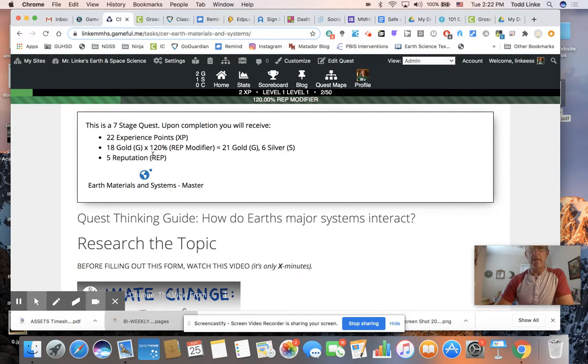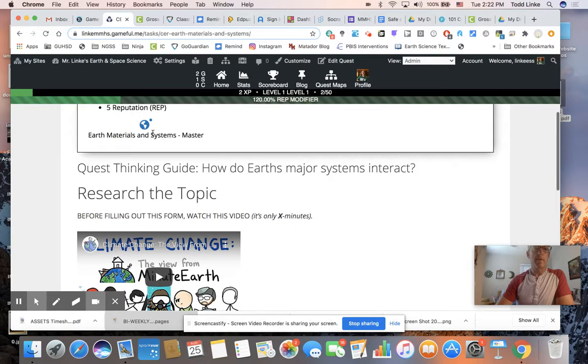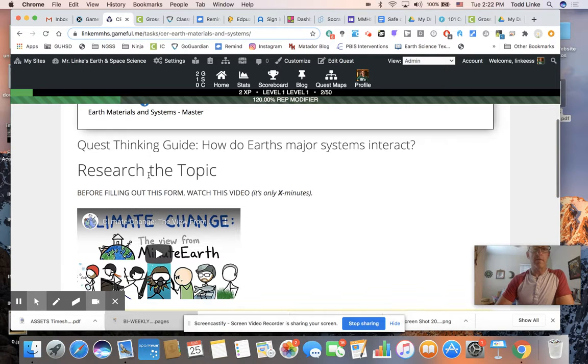Students, none of you are really that far yet with your reputation points or your percentage multiplier, but you'll get there eventually. And then because of that multiplier, I'll get 21 gold and 6 silver and 5 more reputation points. All right. And of course, I'll get the master level of the icon or the badge.